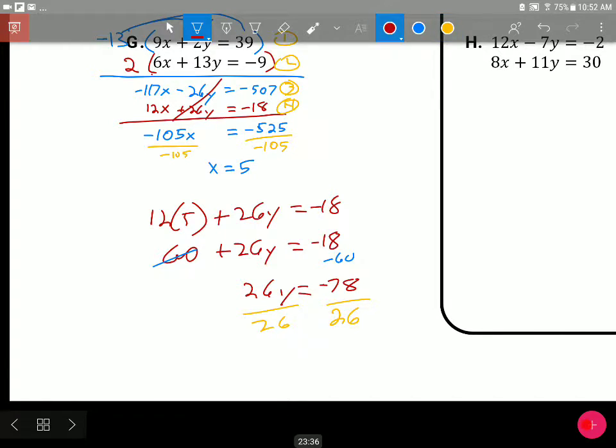But double check me on that. What's 78 divided by 26? Is it 3? All right, cool. So negative 3. So your answer is 5, negative 3.